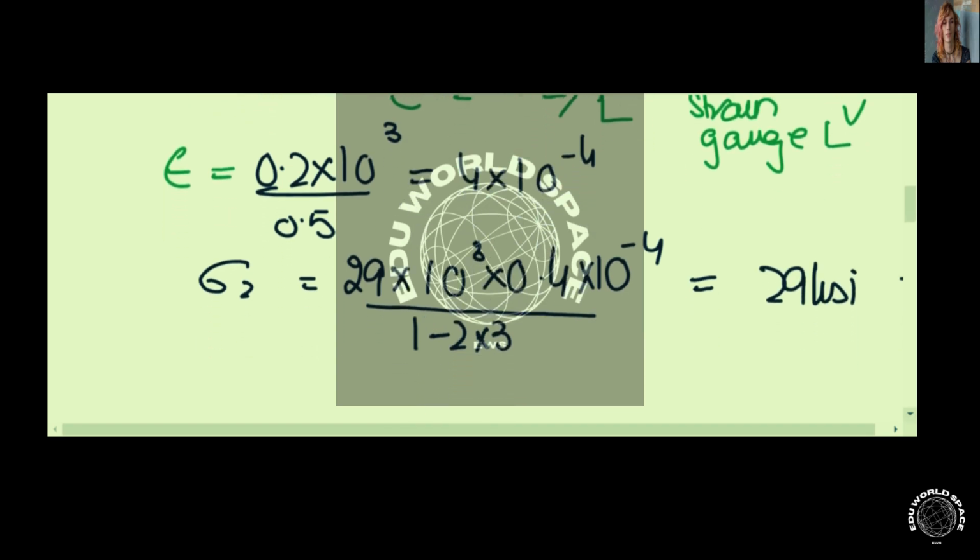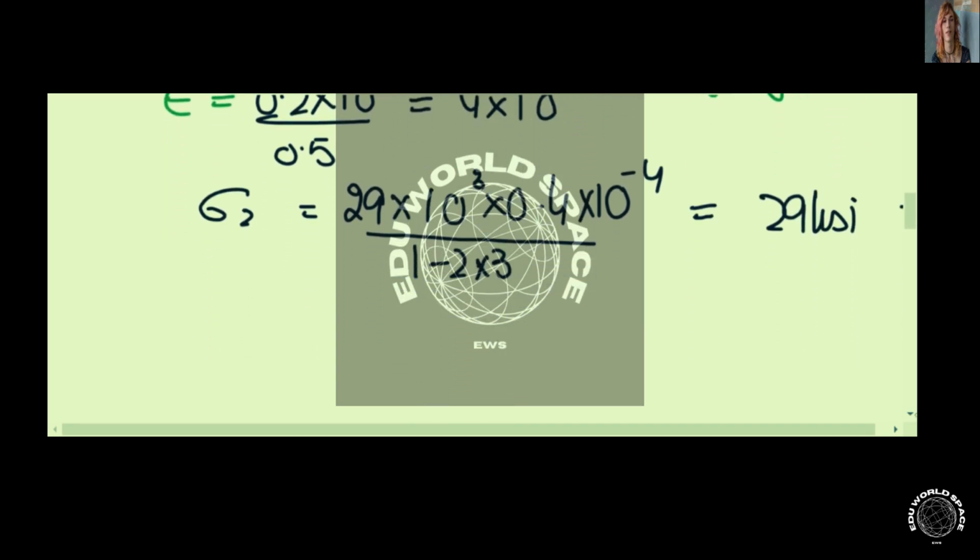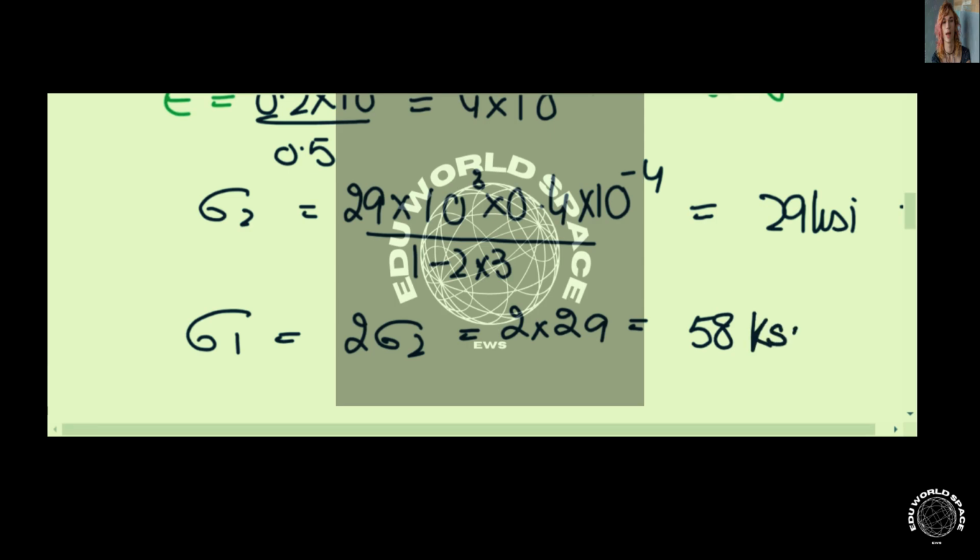When you calculate it, you get 29 ksi, and from this we can find the value of sigma sub 1, which is 2 times sigma sub 2. So 2 into 29 is equal to 58 ksi.